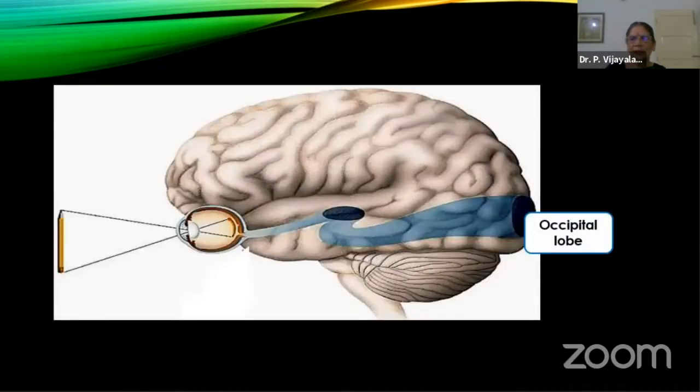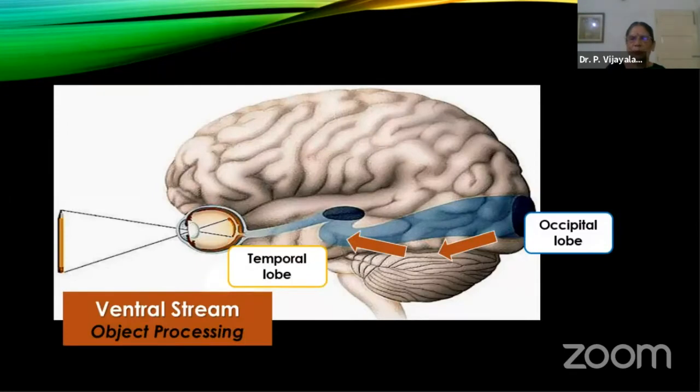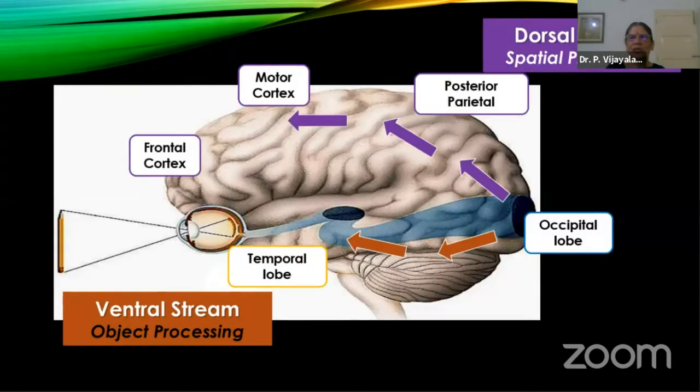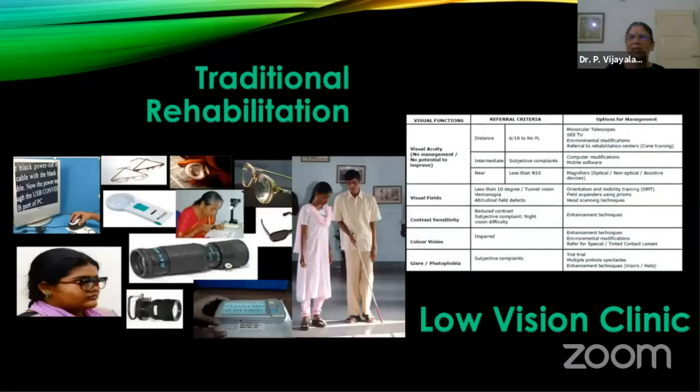This is more important because, as you all know, 50% of the brain is involved with the two visual pathways involving almost all the lobes. One is for recognizing shape, size, color and objects, and the other is for cognitive movement. Why is this important?